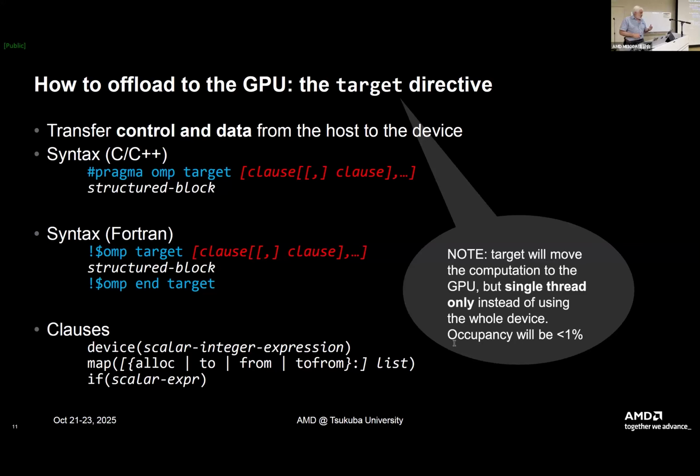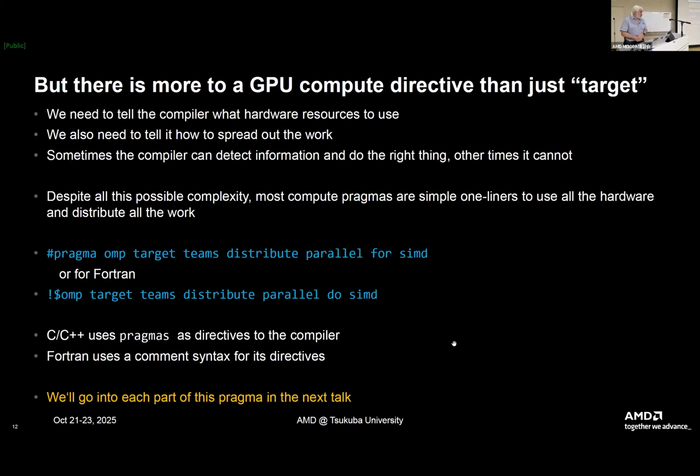And this moves it to the GPU, but it doesn't run it very efficiently because it's only using one thread on one work group. So what do we need to actually make it efficient and use all the hardware resources? We have to use this long command to tell it to use all the resources on the GPU.